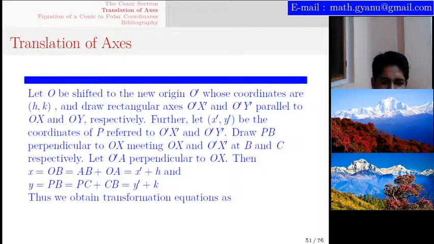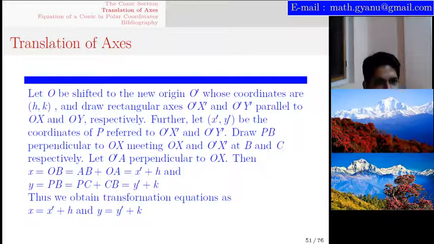Thus, we obtain the transformation equations as x equal to x' plus h and y equal to y' plus k. I suggest you memorize this relation, x equal to x' plus h and y equal to y' plus k, in the case of transformation of origin without rotating the axes.